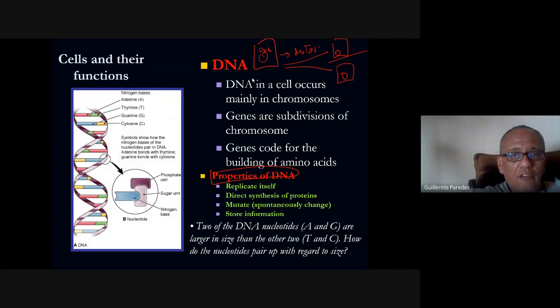Mutation is very simple. You have, for example, A, T, C, G, T, G, whatever. Mutation means that one of these bases is going to change. For example, instead of A, T, C, G, T, T, G, you are going to have A, T, A, T, G, C. It's like changing the recipe of the food you're going to cook.